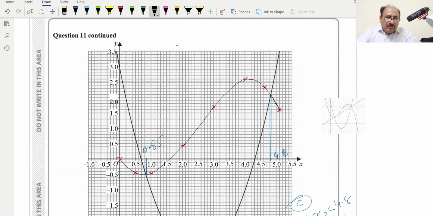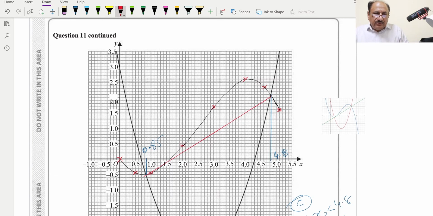If we draw the straight line between these 2 points, it will be over here, and this is the line.